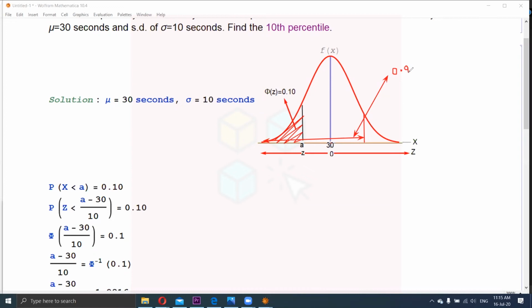That whole shaded area is 0.9, and this point, in our case it is B, and the corresponding value on the Z scale is, for example, Z2. So we can get the point B, which is the 90th percentile. We can write it as P90.